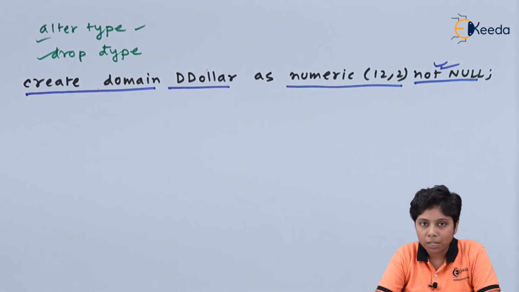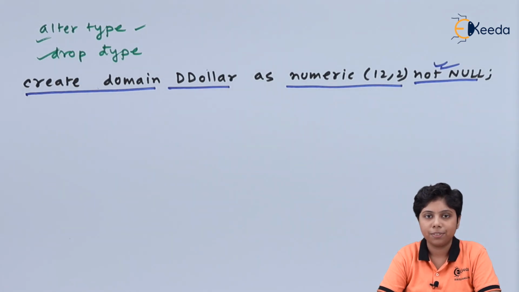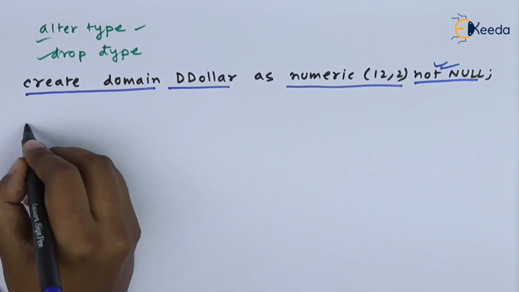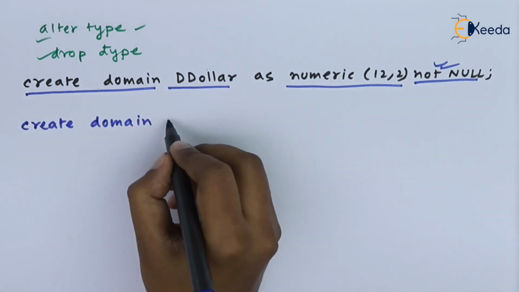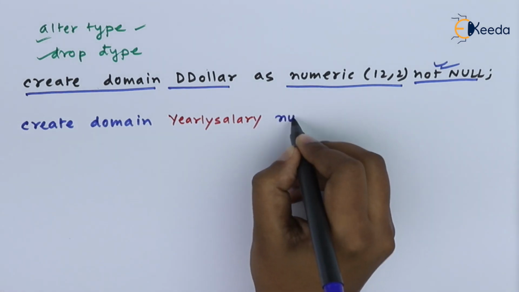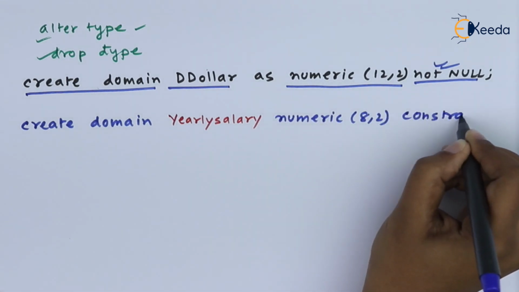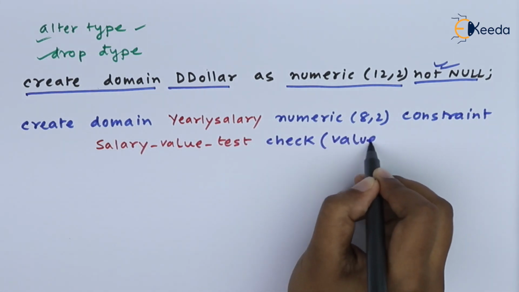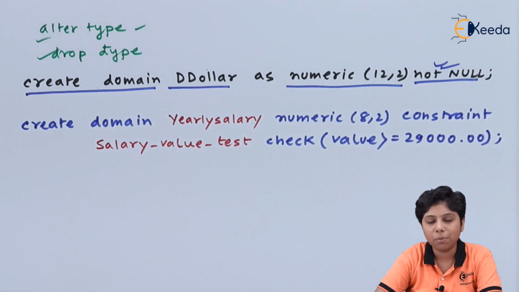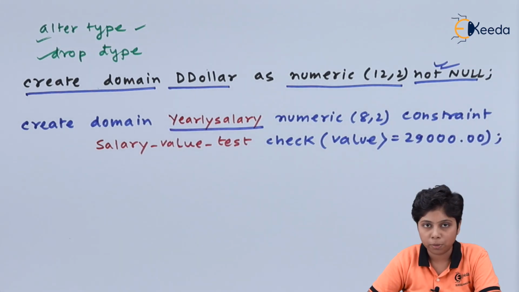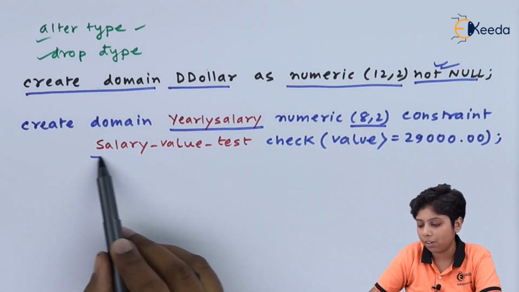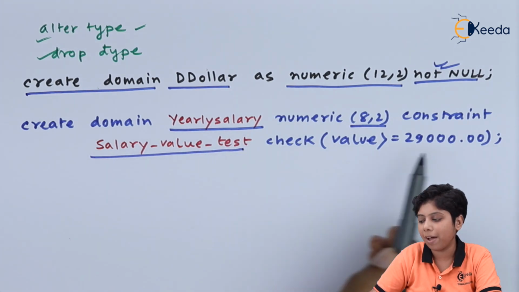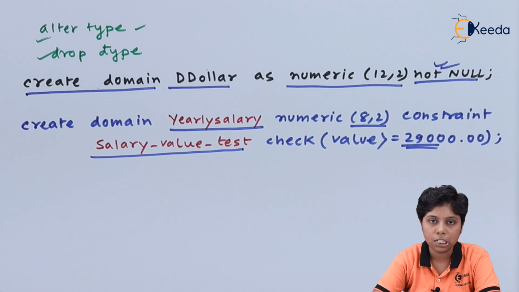Now we will see domain creation, how to create one with a query or a subquery or some complex statements. Say the domain is a yearly salary domain, which is a basic numeric 8,2 data type with the constraint salary value test, testing that the value should be greater than $29,000.